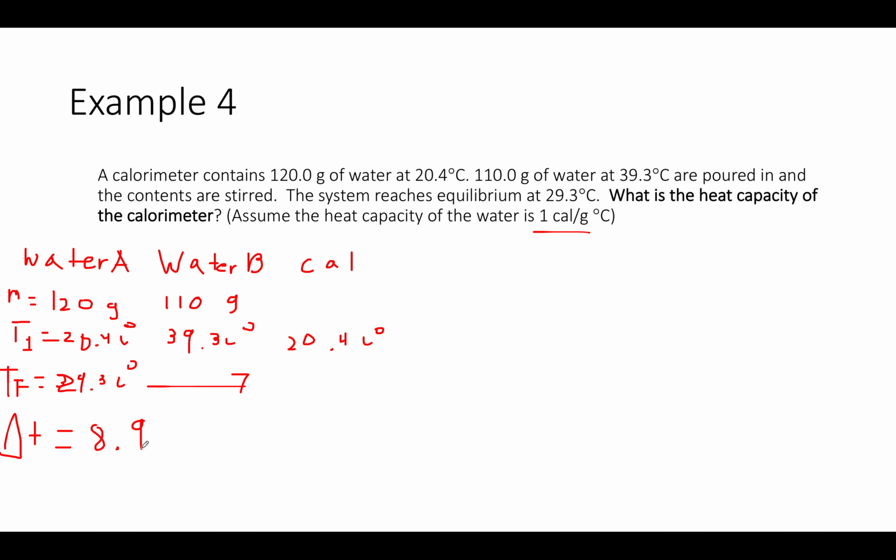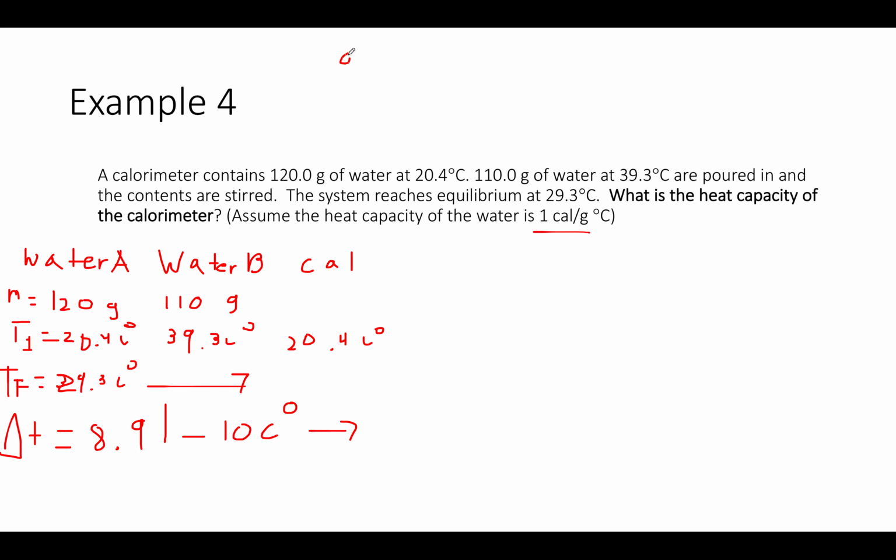So delta T of water A, 8.9. Delta T of water B and the calorimeter, -10 degrees Celsius. So that would be for the calorimeter and water B, and the delta T of water A is 8.9.